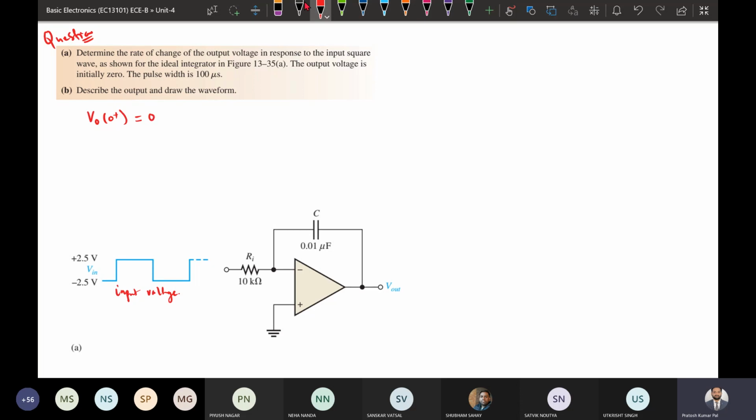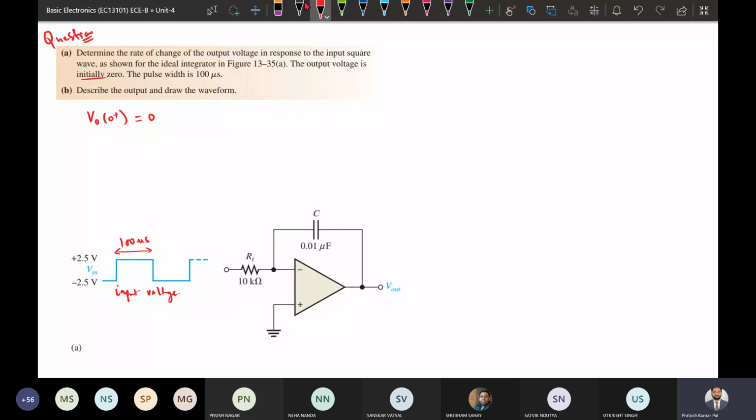If it is 0, after integration we need not add anything. The initial condition is given as 0. The pulse width is 100 microsecond. So the pulse width of the input is given to be 100 microsecond.